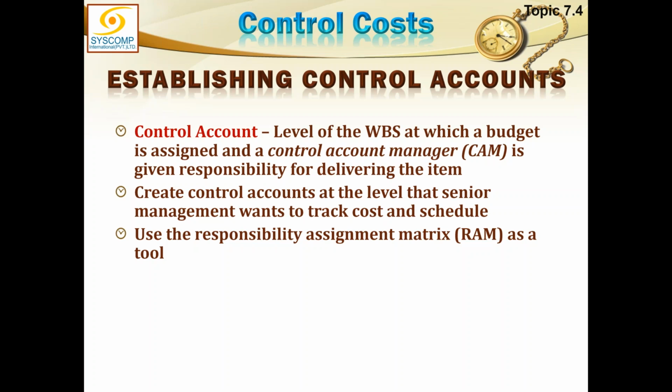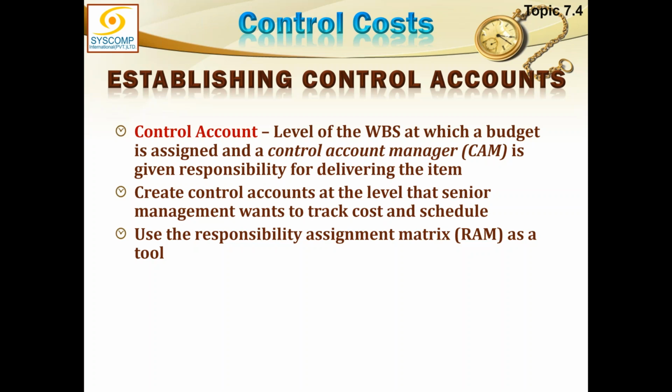So there would be many control account managers in this building, and every control account manager would be accounting for his own room. Every control account manager will have many work packages, and each work package will have many activities. For every work package, some work package in charge would be there, who would be delivering those work packages.